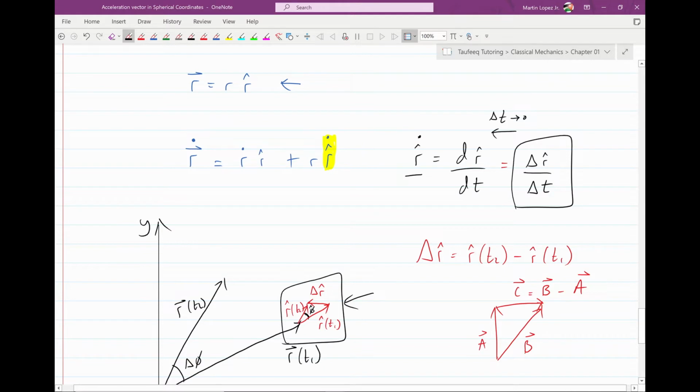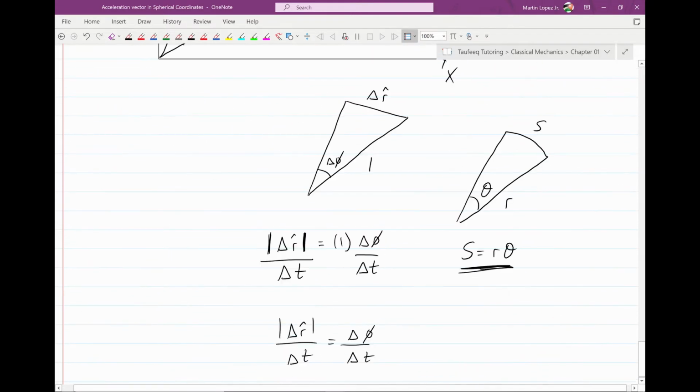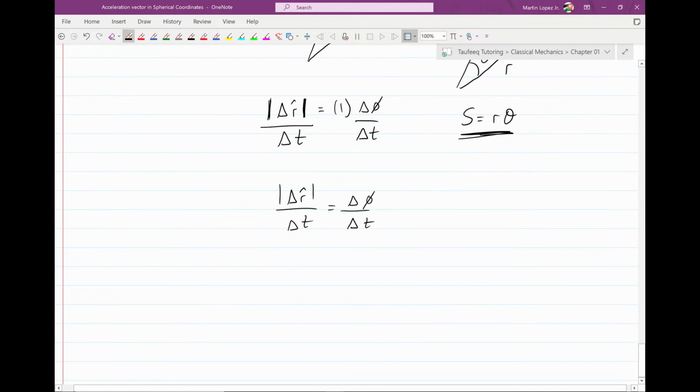So this change in position is really, really small. So let's draw something that looks like that. I'm not even going to draw the graph anymore, I'm just going to draw these really close to each other. This is delta r hat, this is r hat at t2, and this is r hat at t1.